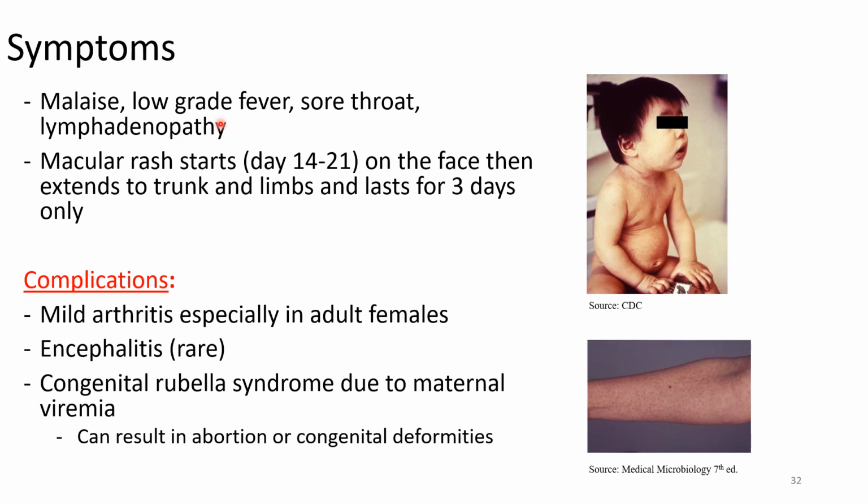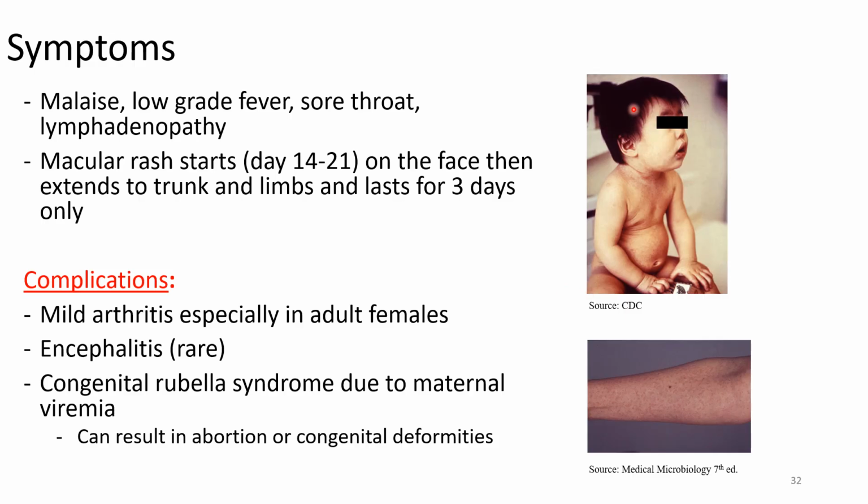So symptoms, we just mentioned the prodromal symptoms. Again, malaise, low-grade fever, sore throat, lymphadenopathy, and then the macular rash starts around day 14 to 21, coinciding with replication of the virus in the skin epithelia. And the rash usually starts on the face and extends to the trunk and limbs.